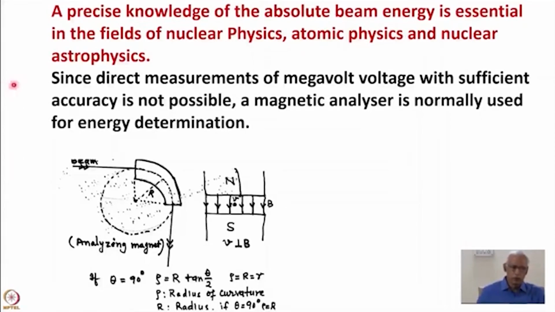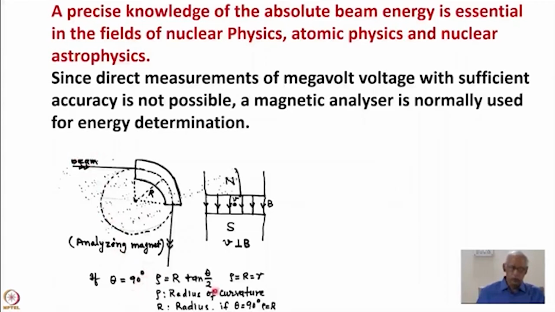Suppose there is a sector magnet, and a well-defined beam is coming, with a magnetic field between north and south poles. As per the Lorentz force, the beam will follow a circular path and come out, and only a beam of particular energy will come out, which I will give in the next slide.